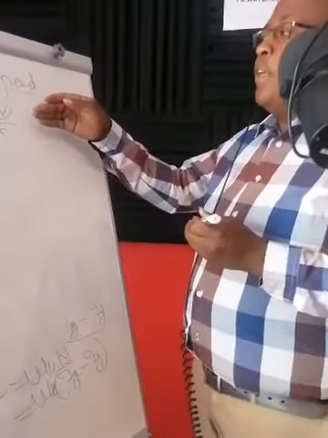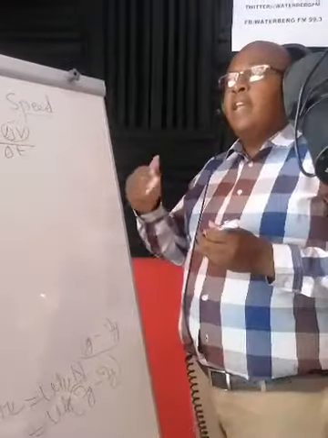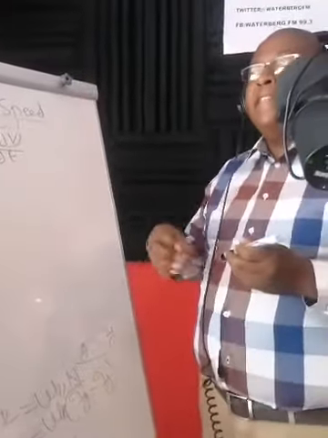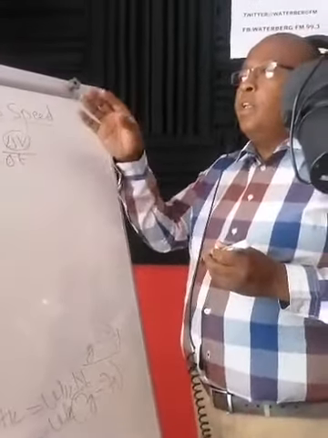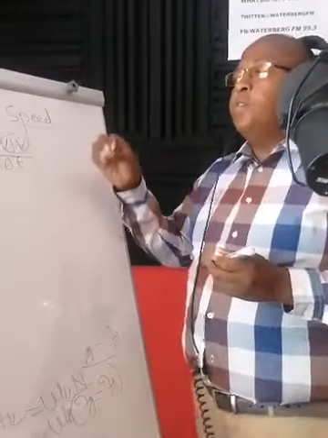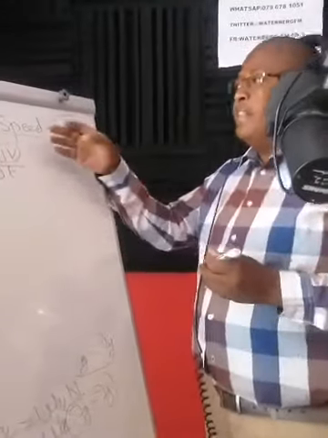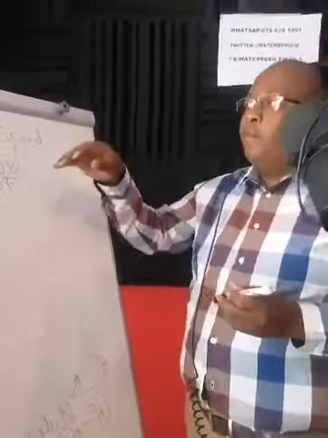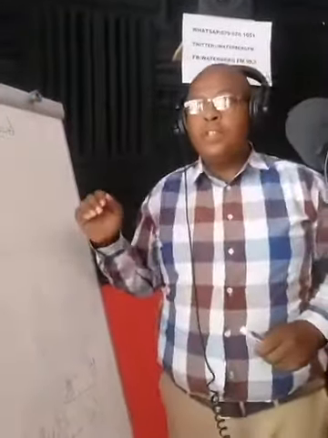But when we talk of velocity, we are talking about a vector quantity which has a magnitude and a direction. So when we calculate acceleration, we are saying acceleration is equal to the rate of change in velocity. In this case, we refer to the speed given in the statement as a velocity.